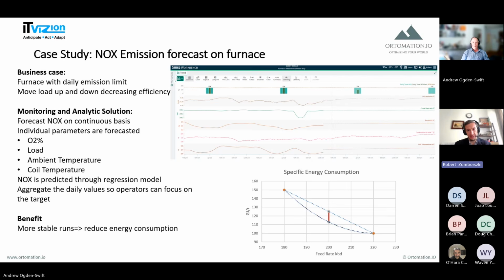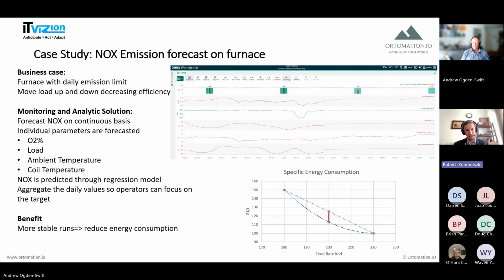Here, the case was that a plant had a furnace, and on that furnace they had a very strict NOx emission limit. So they could only emit a certain amount of NOx during a day. What they learned was that they were either operating very far away from this limit, or they were close to the limit, but during the day they were changing the feed rate up and down just to match this target at the end.